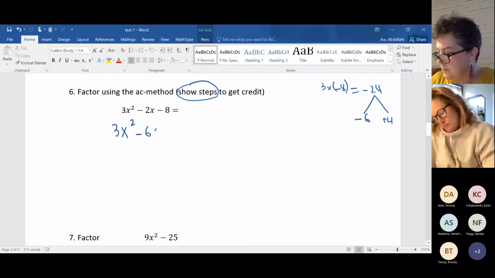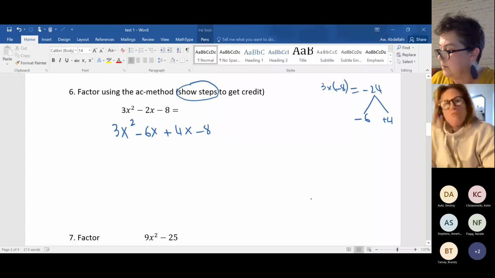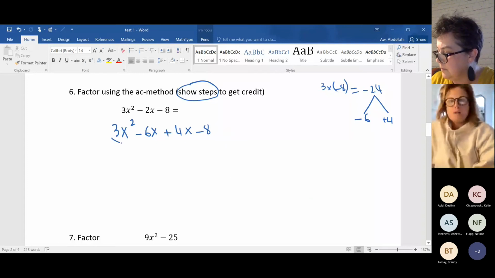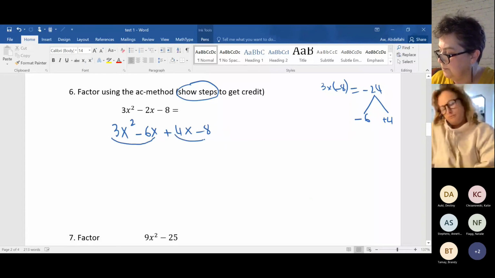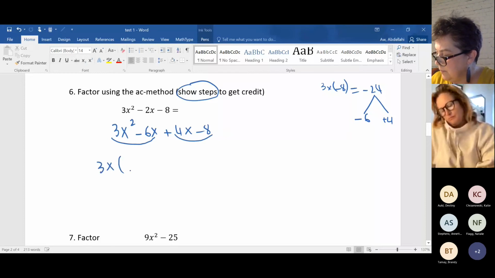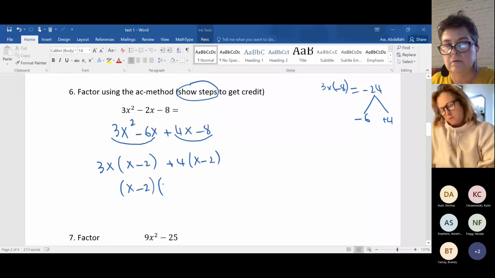It's going to be -6x plus 4x minus 8. Okay? And after that, I'm going to do the grouping, right? It's going to be 3x as a GCF, x minus 2, plus 4, x minus 2, which is x minus 2 times 3x plus 4.